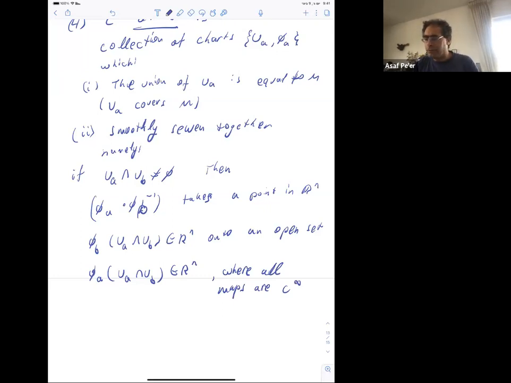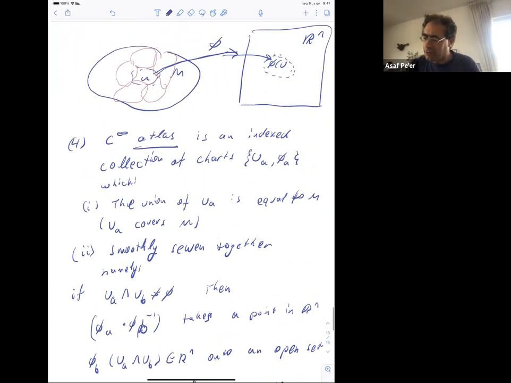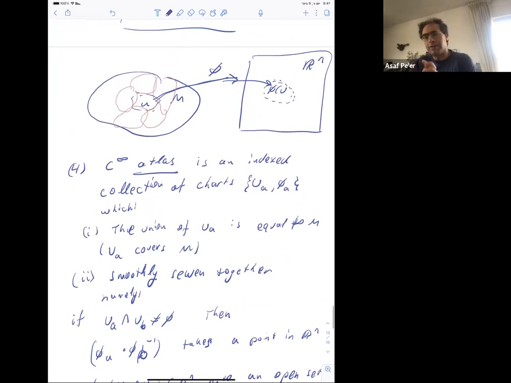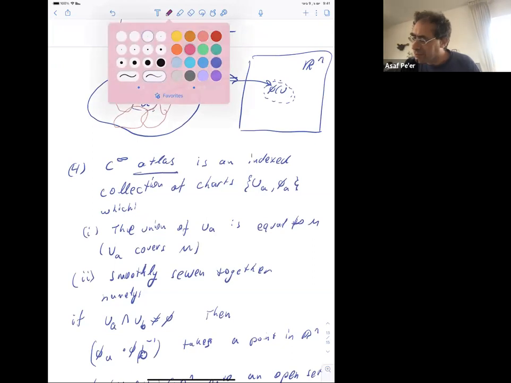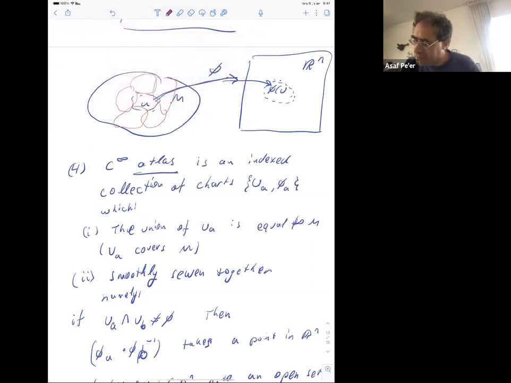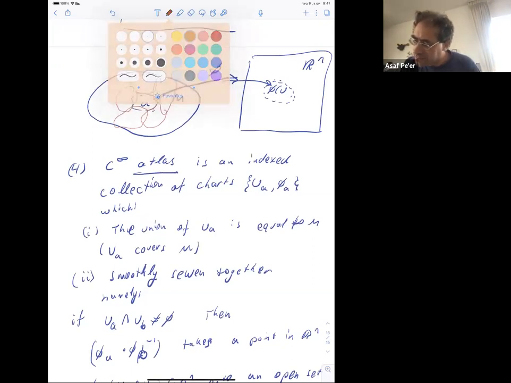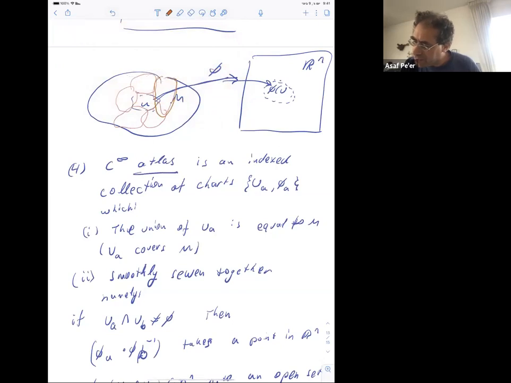Basically, I can put a coordinate system in one location here and another coordinate system in another location here, but they have to be smoothly connected to each other. If I have a point, say I'm using this chart over here, it will be mapping into this. That means that this point here, which is the overlap point, is well behaved.